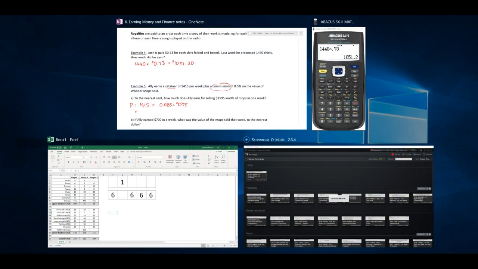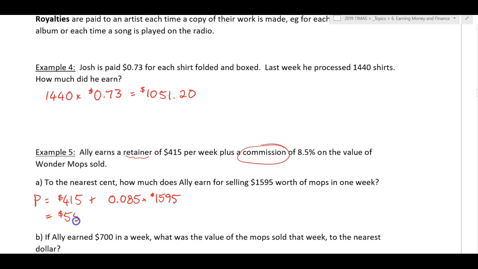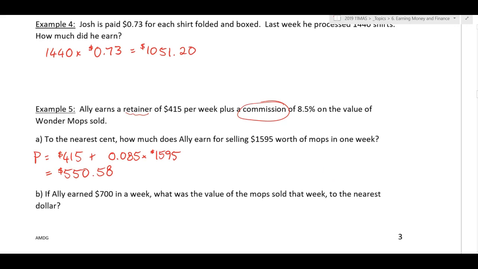I have 415 plus 0.085, that's my 8.5%, of 1,595. Be careful you don't multiply all of those together. I add the retainer to the commission. Equals $550.58. There we go. That's commission with retainer.